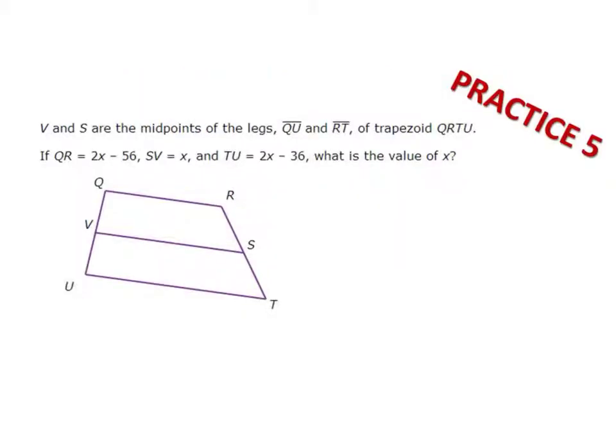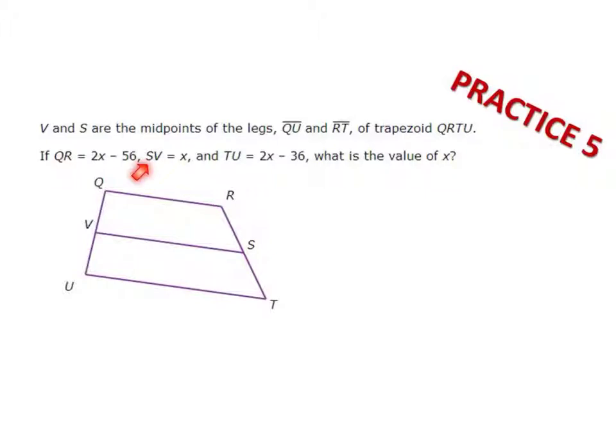Here's practice 5. You have your two bases, QR, UT, and you have your midsegment, which is just SV. Now remember, we're going to multiply your midsegment times 2, which is going to be easy. It's just going to be 2x. Then you're going to take your other two bases and add them together.